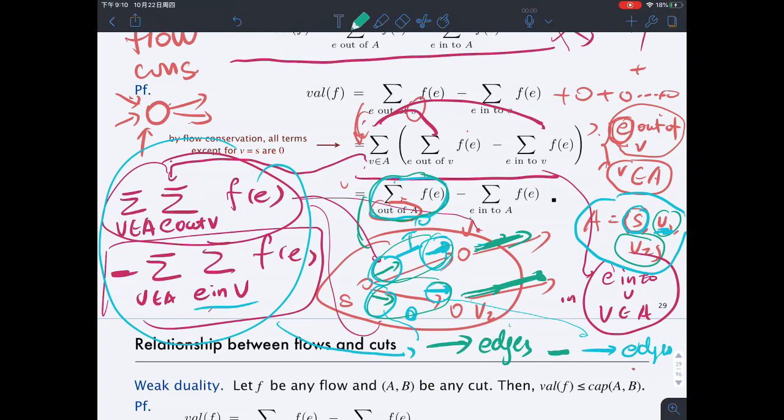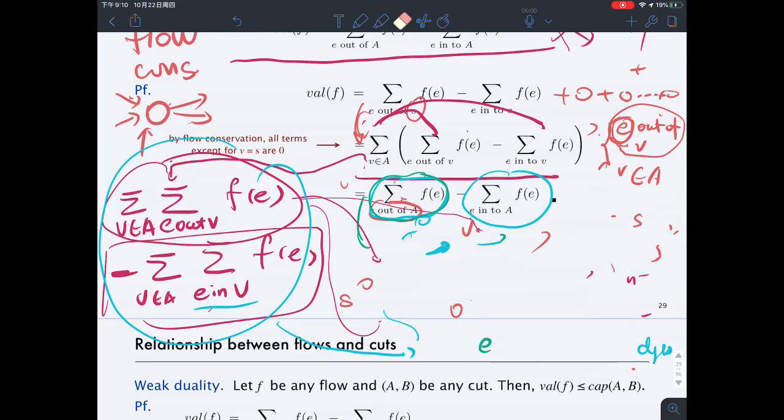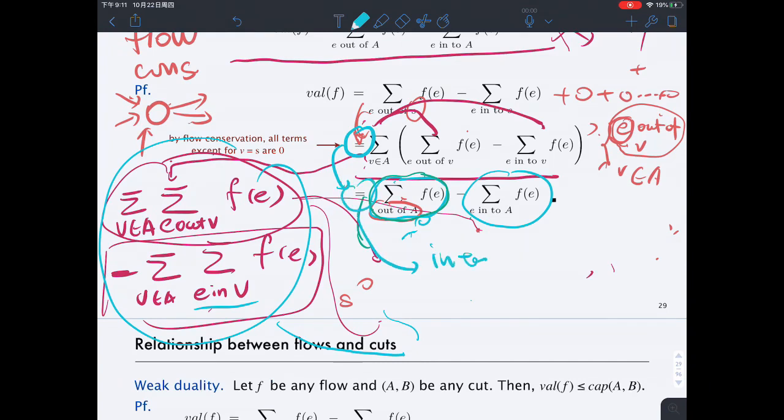So this explains the first term. There are also cross edges that could possibly be coming inside A. So this is the second term. That's a high level reason for moving from the first to second inequality, and from the second inequality to third inequality: it's really just the internal edges cancelling each other.